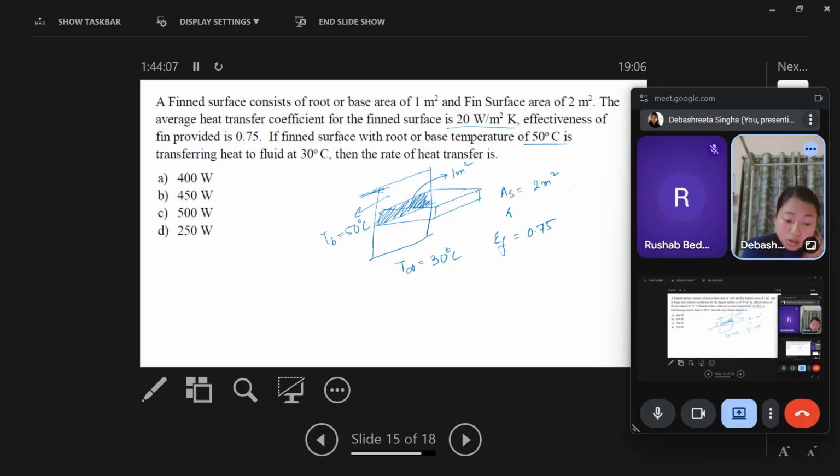Okay, so how do we proceed here? From this effectiveness, what do we get? Effectiveness is Q with fin divided by Q without fin.